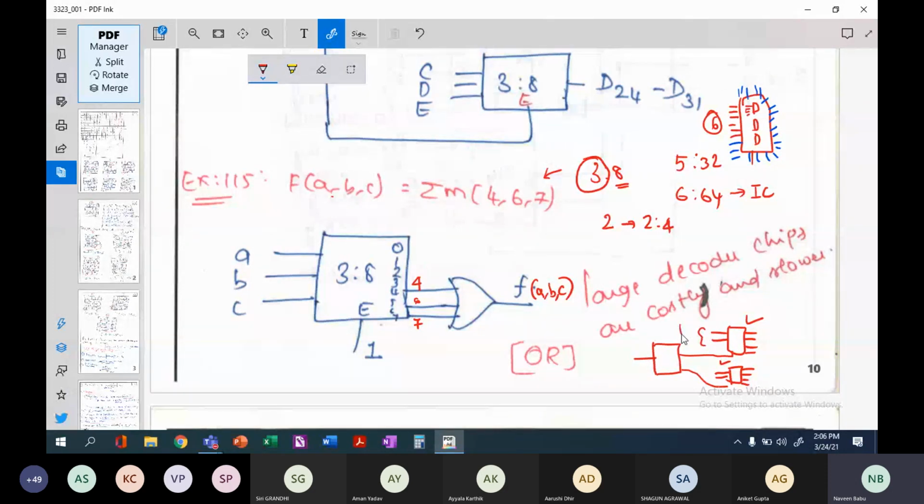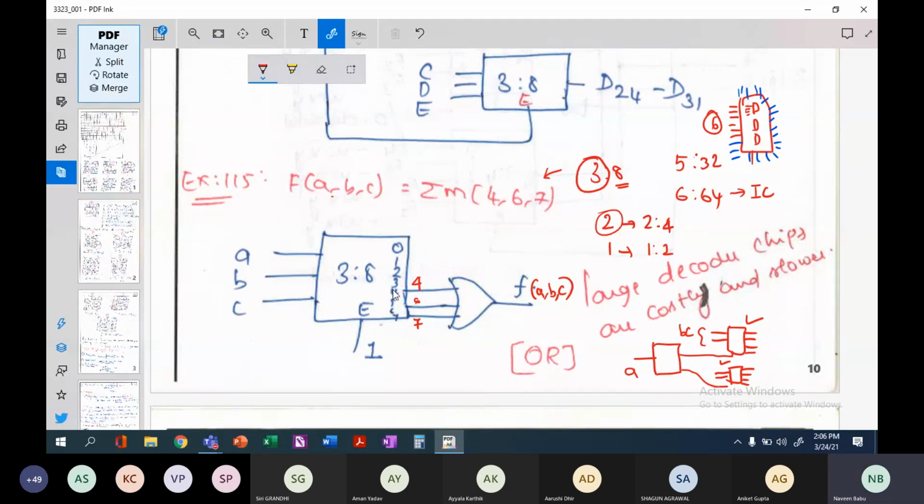These will be the 2 outputs, and this will be the third input A. So A, B and C will be the 3 inputs here. In addition to two 2:4 decoders, you will require one more 1:2 decoder to select these decoders. That also you must keep in mind.